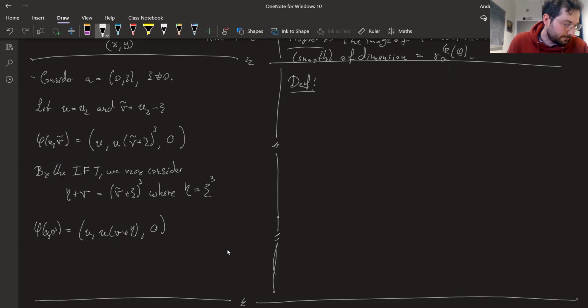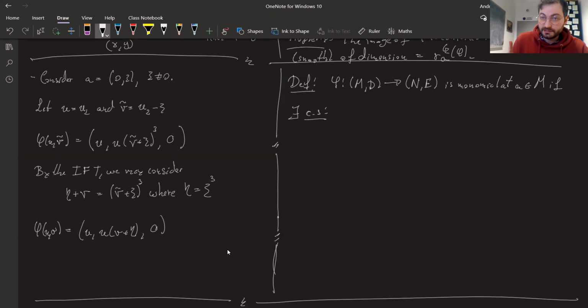We're going to say that, and I'm going to do it with the divisor already, phi from (M, D) to (N, E) is monomial at A, which is in M, if there exist coordinate systems, just as usual. But now I'm going to introduce some new letters that are going to play some role later on.